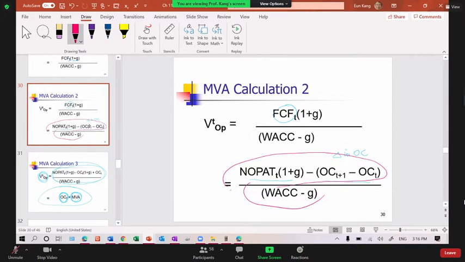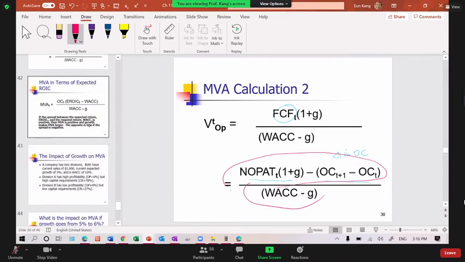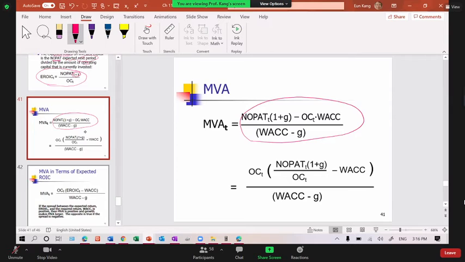This is slide 30, okay? So this is not a new thing. It's from slide 30.